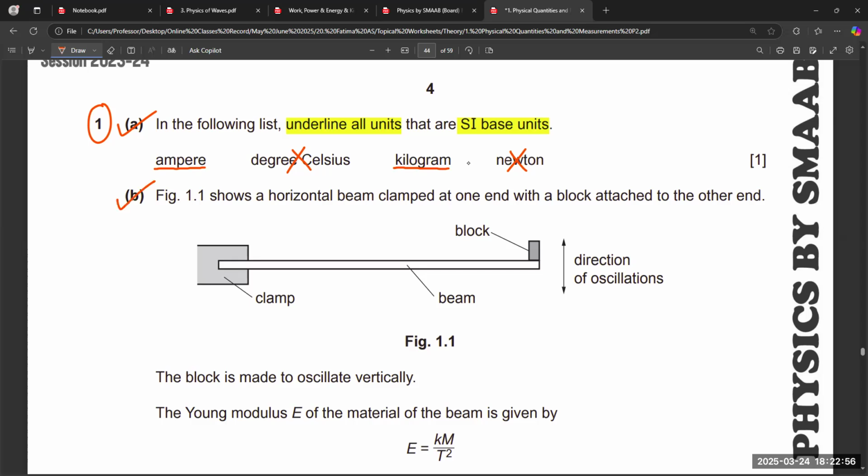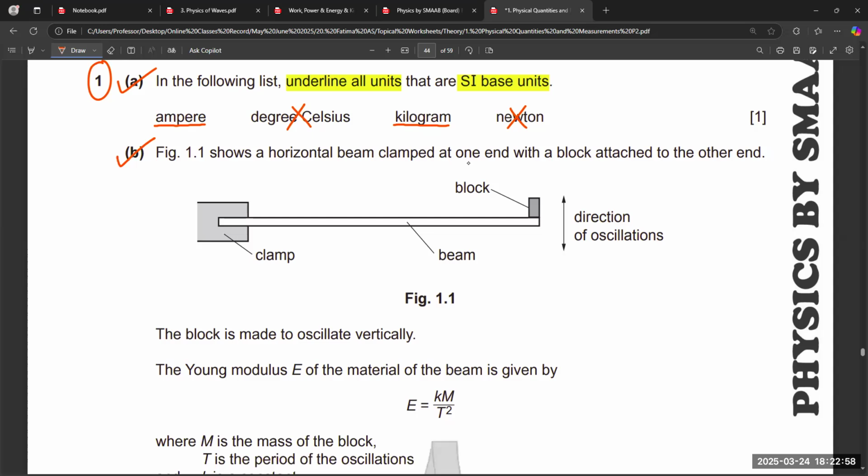So figure 1.1 shows a horizontal beam clamped at one end with a block attached to the other end. The block is made to oscillate vertically. Young modulus E of the material of the beam is given by this equation.